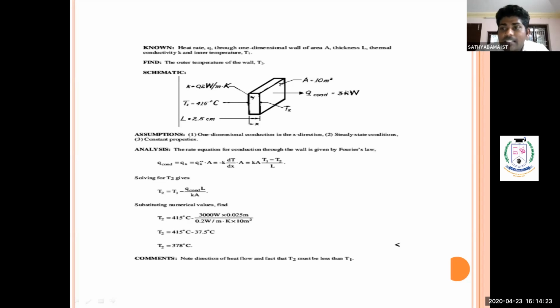The heat flow rate Q equals 3 kilowatt is given. T1 equals 415 degrees Celsius and T2 is not given. The length of the wall is 2.5. In the figure itself we know there is one dimensional heat flow at steady state condition, and we need to find the value for exit temperature, that is T2. So I am using the Fourier law of heat conduction equation.